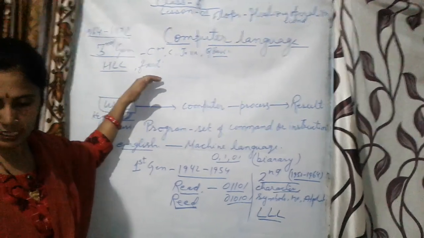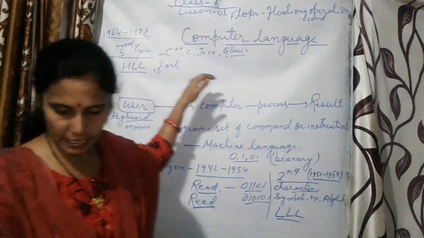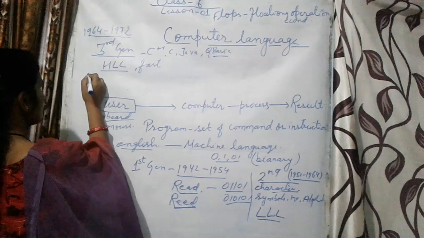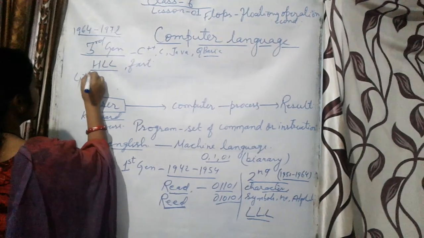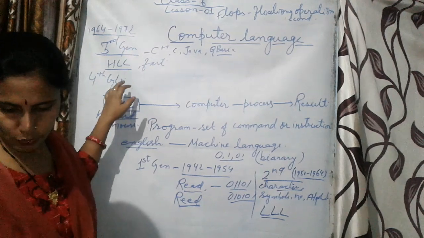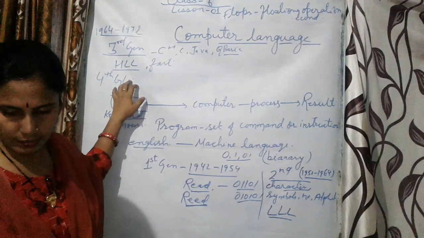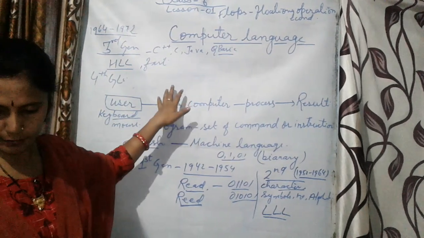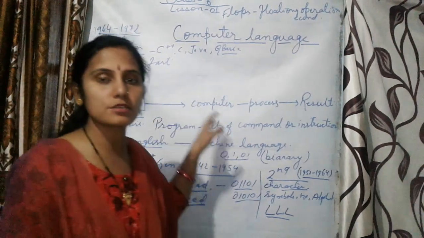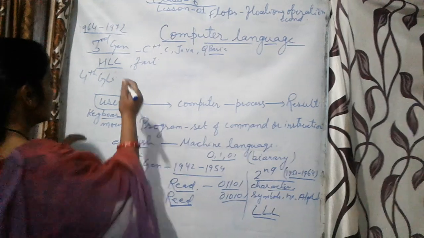After the third generation language, the programmers developed the fourth generation language. It is called a modern high level language. While working in this generation, the user needs to focus only on the output.